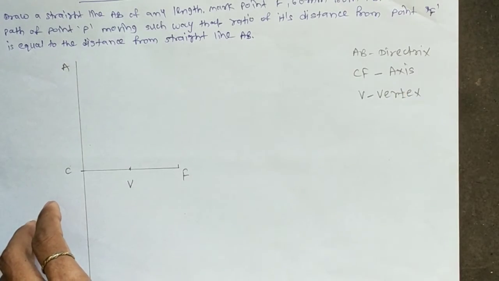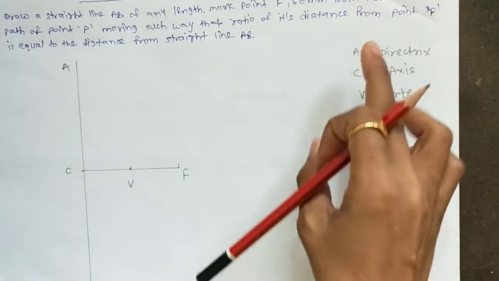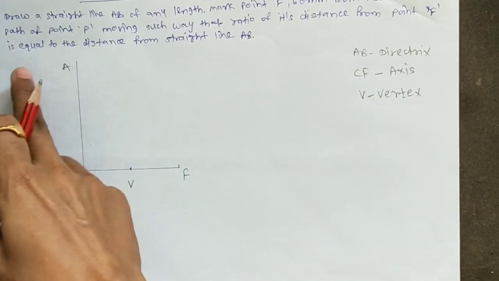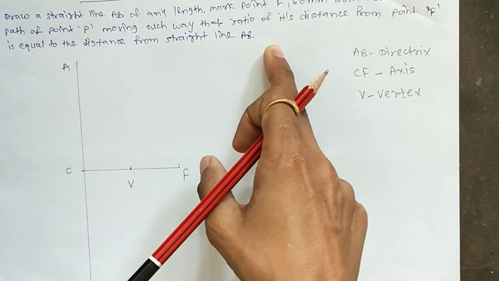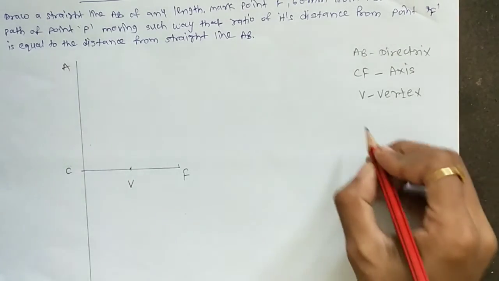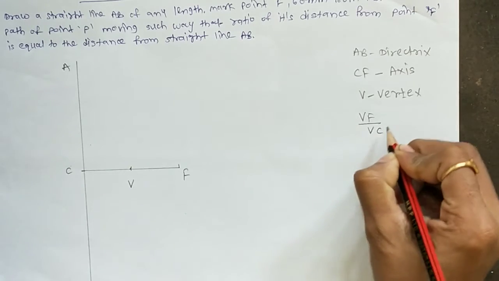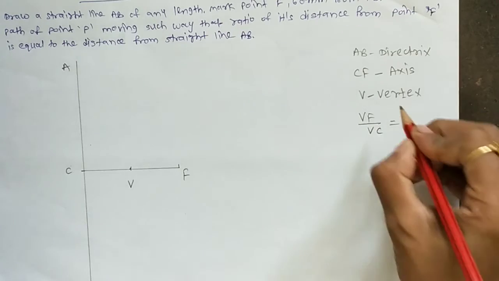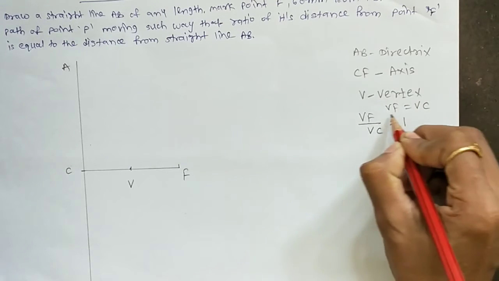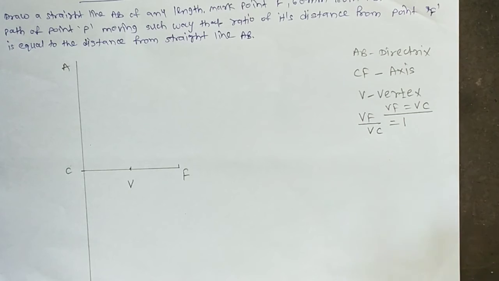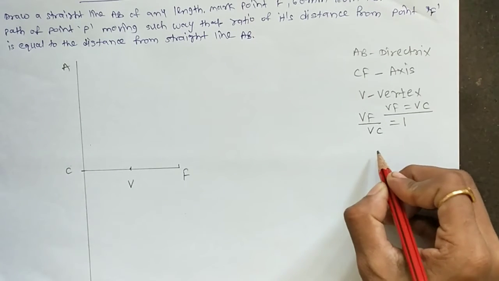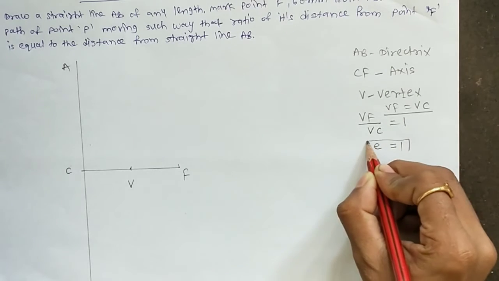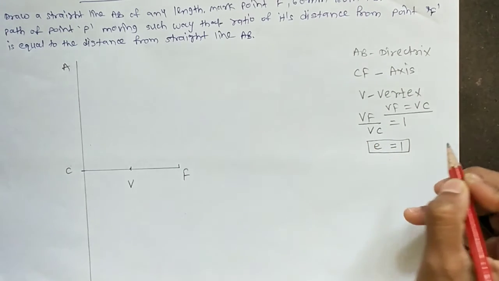V is called as vertex. So distance from point F, that is VF, is equal to the distance from straight line AB, that is VC. So VF upon VC is equals to 1. VF is equals to VC. Therefore, we have got VF upon VC is equals to 1. So, VF upon VC is nothing but eccentricity. So, eccentricity is equals to 1 and therefore it is a parabola.